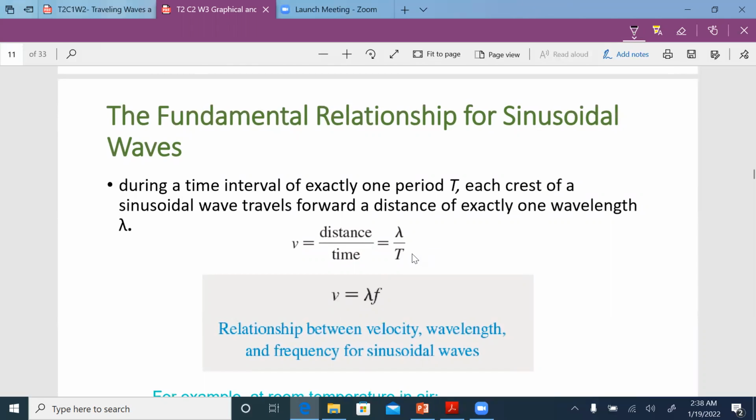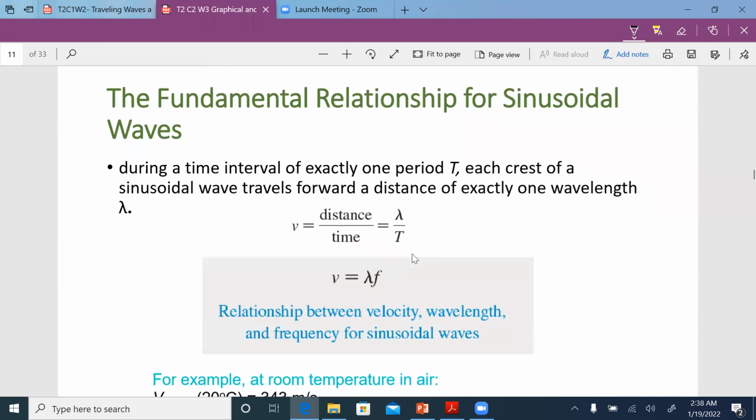So look at the fundamental relationship for sinusoidal waves. This is practically it. Velocity equals distance over time. And because we're expressing this in terms of waves, for distance we talk about wavelength, and for time we talk about the period.